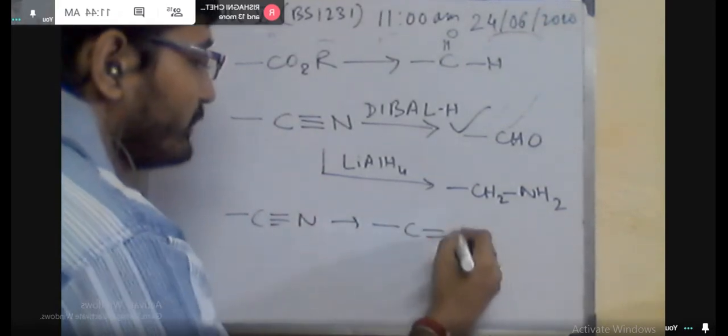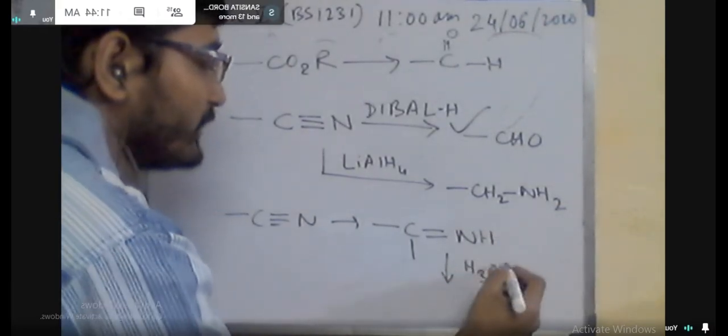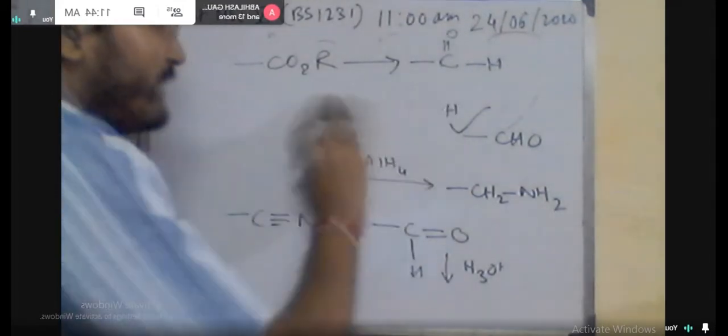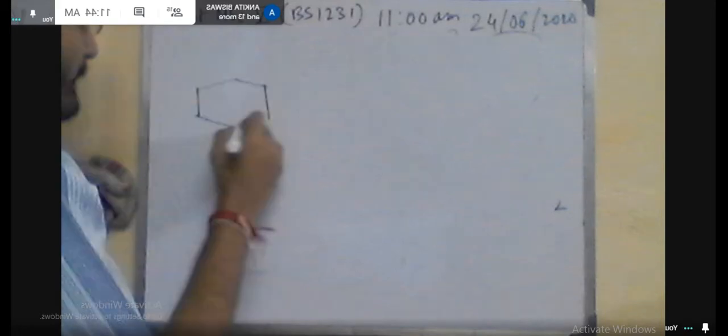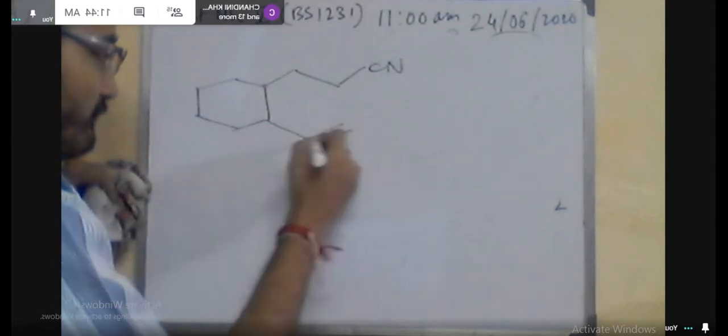Now another important reducing agent is sodium cyanoborohydride. This reducing agent can selectively reduce the imine bond, imine to amine. It can selectively reduce the imine to the amine in acidic condition.